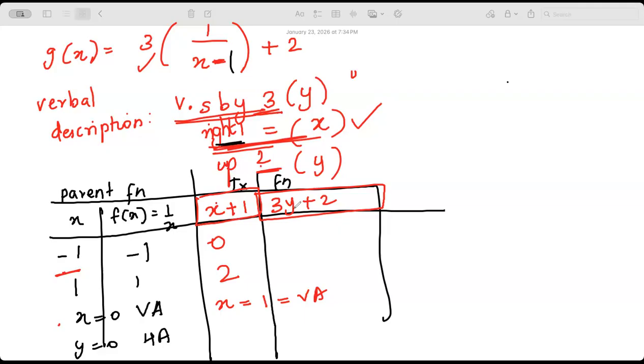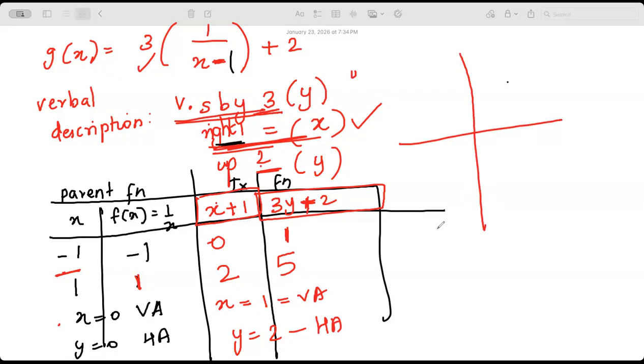Minus 1, if I plug in, minus 3 plus 2 is a 1 now. And if you plug in 1, it becomes a 5. Your horizontal asymptote, y equal to 0, moves up by 2. So basically y equal to 2 is your horizontal asymptote. We know everything to draw a graph.